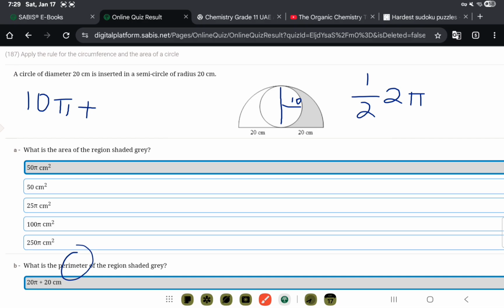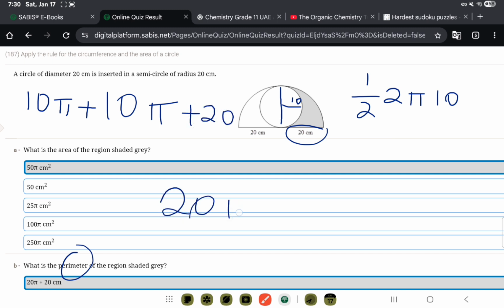Which is 10, so 2 pi times 10. Oh no, you don't square, guys. So you get 10 pi. We also need to talk about this, because for the perimeter, you just need to add this 20. So it's going to be plus 20. So it's going to be 20 pi plus 20. That's it.